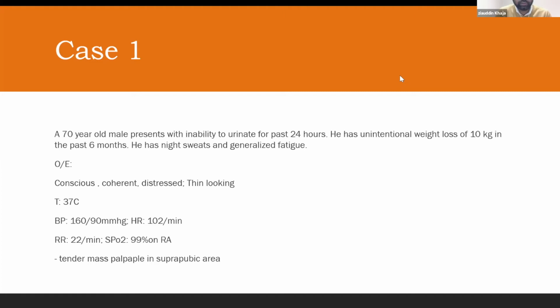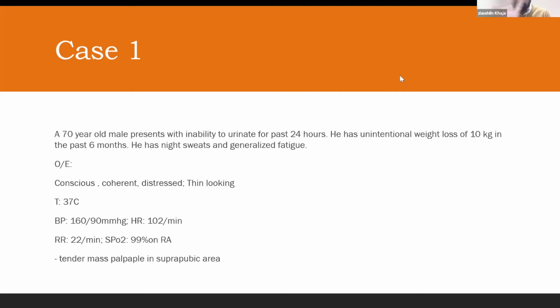On examination, he's conscious, coherent, and slightly distressed, I would say, and he's appearing thin. His temperature is 37, blood pressure 160/90, heart rate of 102, respiratory rate of 22, and maintaining saturation on room air. On palpating his abdomen, you see there is a tender mass palpable in the suprapubic area.